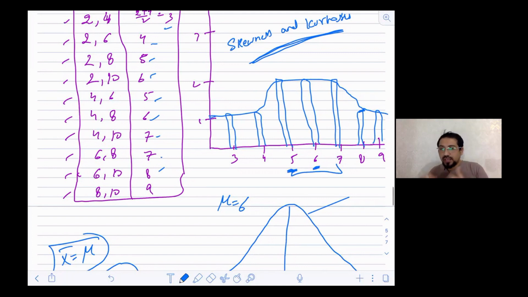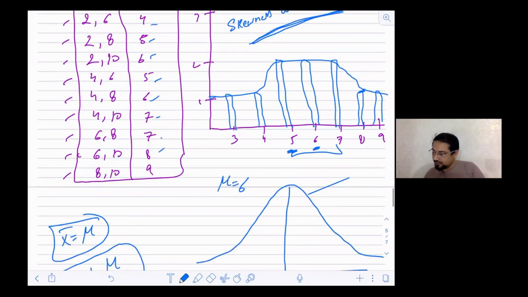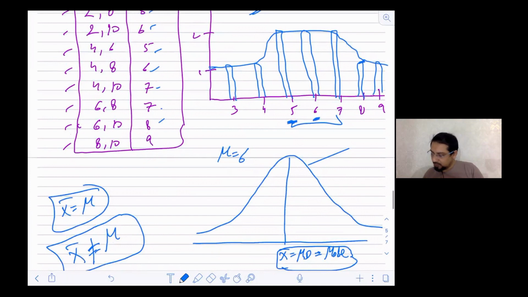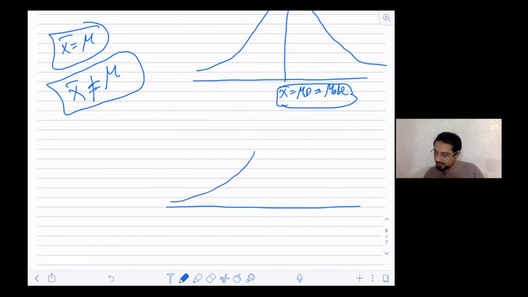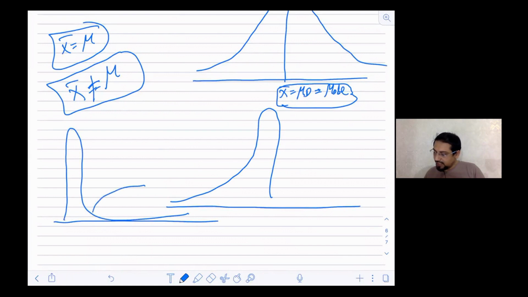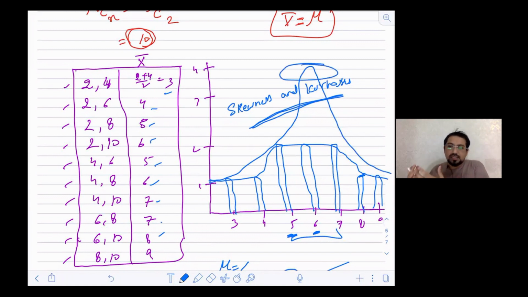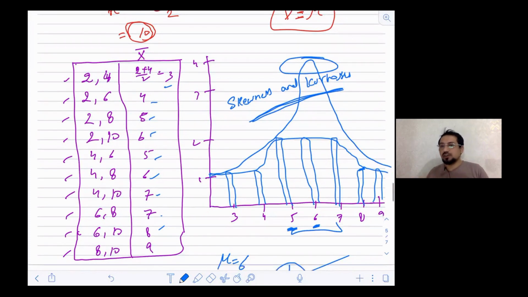For example, when the chart is like this, or when the chart is like this, it means that our values are very far from the averages, or sometimes very close. Or if this chart grows bigger, it means that it has more kurtosis. I will be discussing that in future, so keep watching my videos to understand all these concepts.